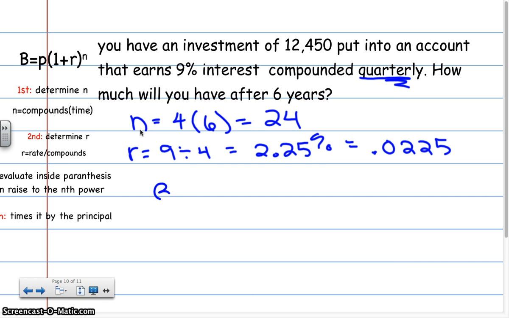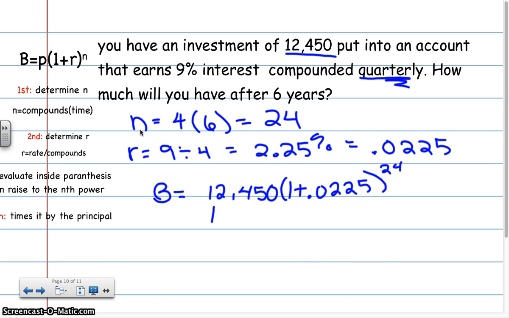Now I have my balance is equal to my principal, 12,450, times 1 plus 0.0225, all to the 24. Which is 12,450 times 1.0225 to the 24th.